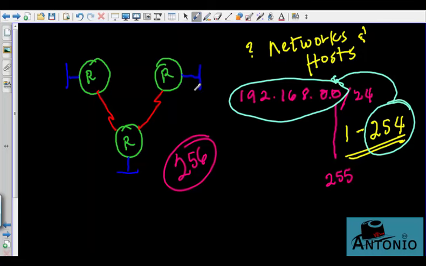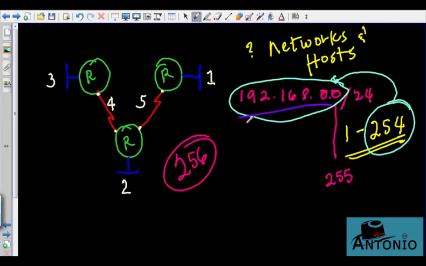Going back to their network diagram, how many networks do they need? Well, let's count it. 1, 2, 3, 4, 5. Please bear in mind that each port interface of a router is a network.